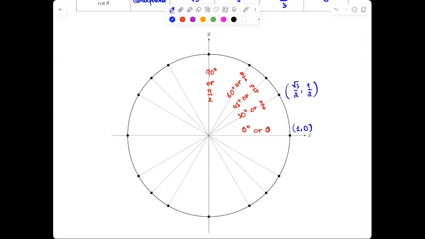Now for the 45 degree angle or pi over 4, you use your middle finger. You have 2 fingers above that, so square root of 2 over 2. You have 2 fingers below it, so square root of 2 over 2 as well. Now for the 60 degree angle or pi over 3, you use the index finger, so 1 finger above that, square root of 1 over 2, so 1/2.